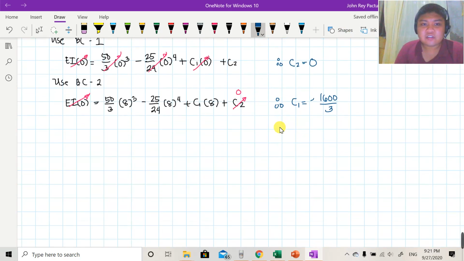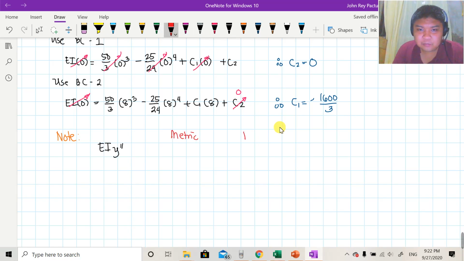So, before ako magsimula class na mag-solve, kailangan nyo muna class tandaan yung mga dimensions natin. Kapag EI, y double prime, which is simply, this is a moment, di ba class? Ang unit niyan sa metric, tapos sa imperial or English, ang unit niya dito class ay kilonewton meter, or sa imperial, pound, or pwedeng kip, foot. Okay?